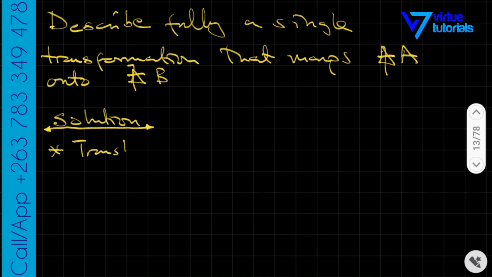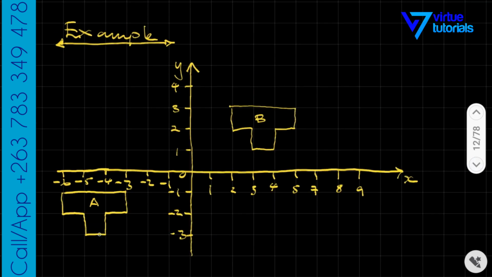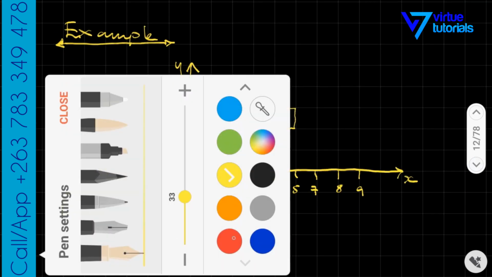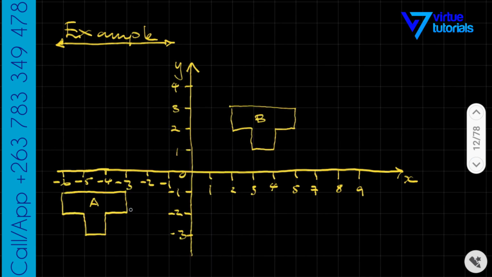We mentioned that this is a translation. The next thing we need to mention is the translation vector, because every time you mention a translation, you must have a translation vector. We need to calculate it. How do we calculate it? We pick a pair of corresponding points between the shape and the image. So we can pick these ones, right?